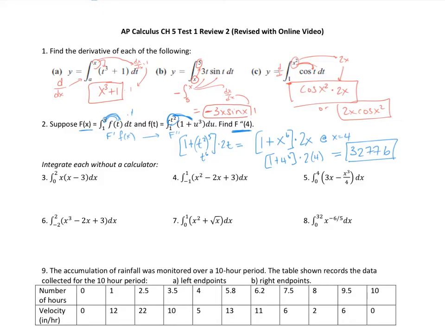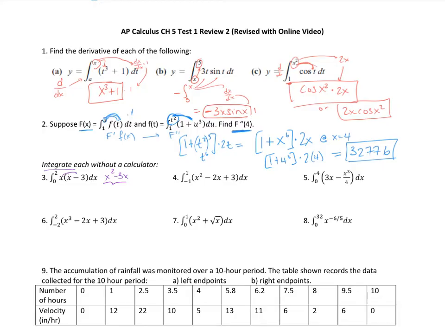And in number 3 here, we're asked to integrate each without a calculator. So some of these may take a little bit of work. On this first one, it's easier if you just go ahead and distribute this and write this as x squared minus 3x. So that's what we'll go ahead and do, and this is what we're going to integrate. So we'll take the antiderivative of this one.